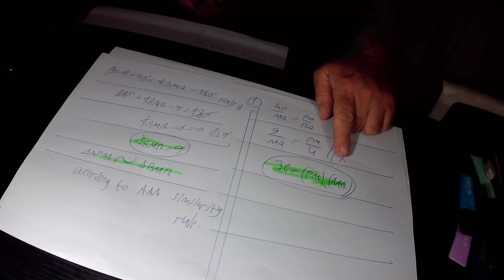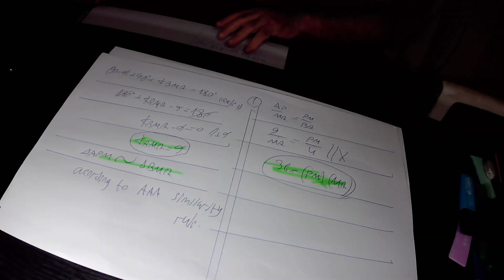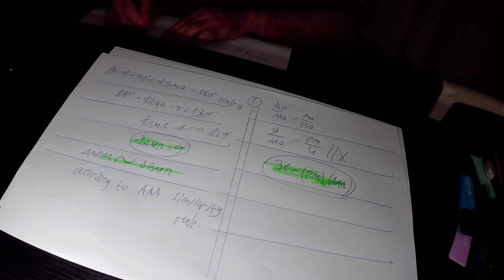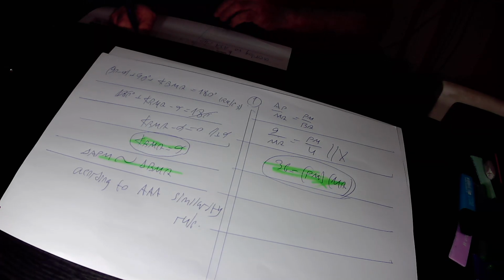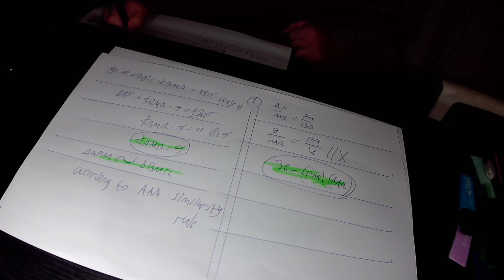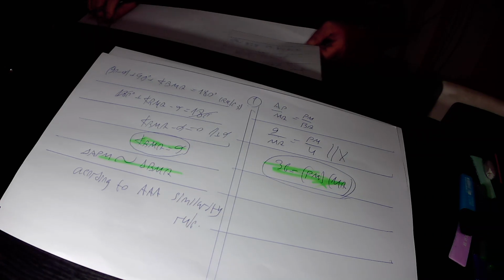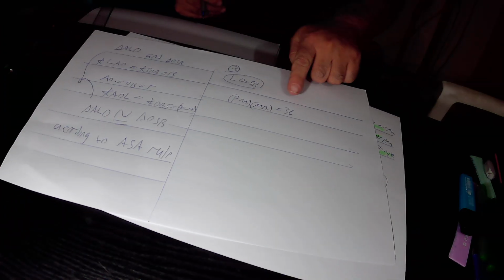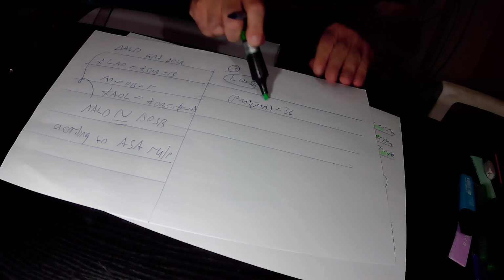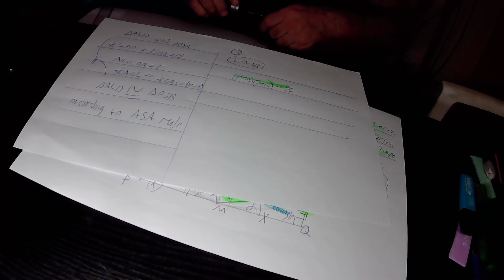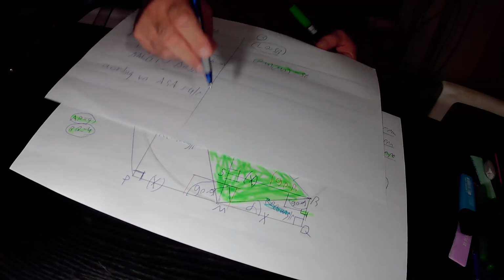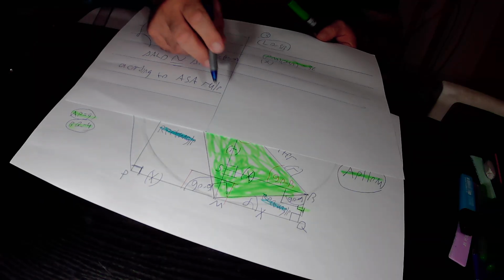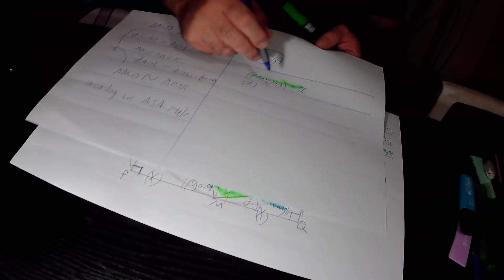We already found out that PM times MQ equals 36. PM is x, MQ is also x.